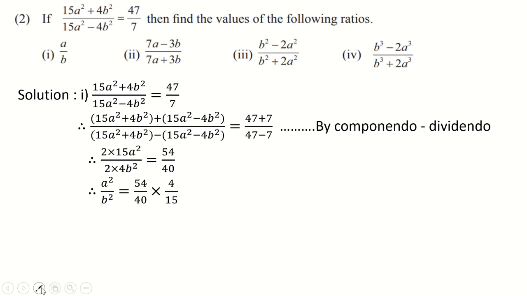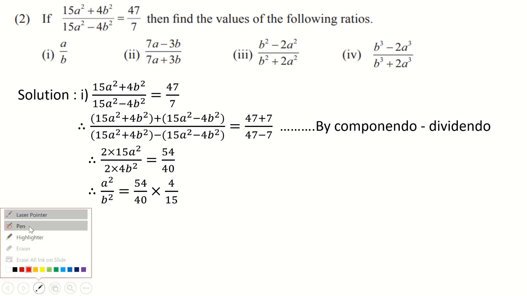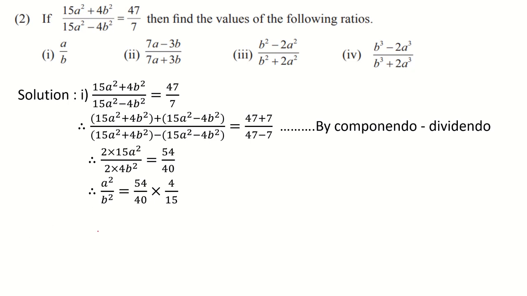Now here you can do the needful cancellations so that you will get perfect squares. See, this 4 you can cancel with 40 and write 10 here. Correct?